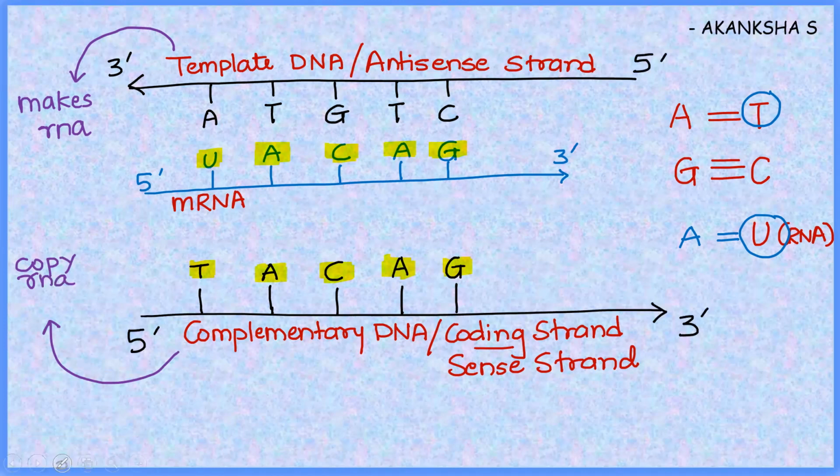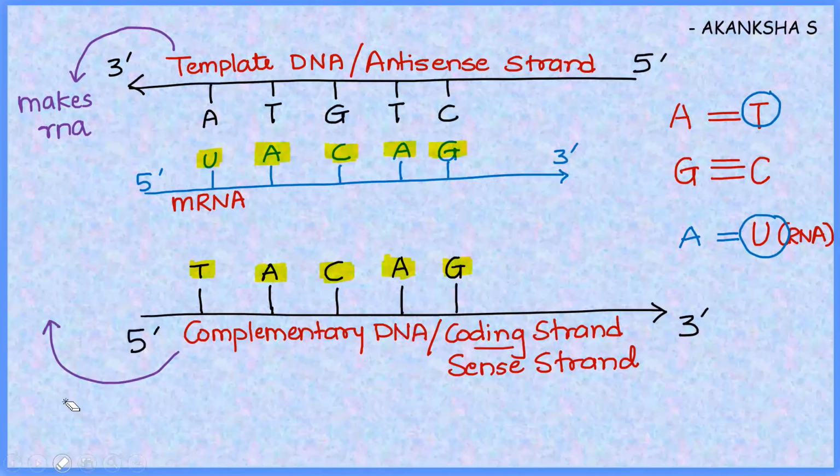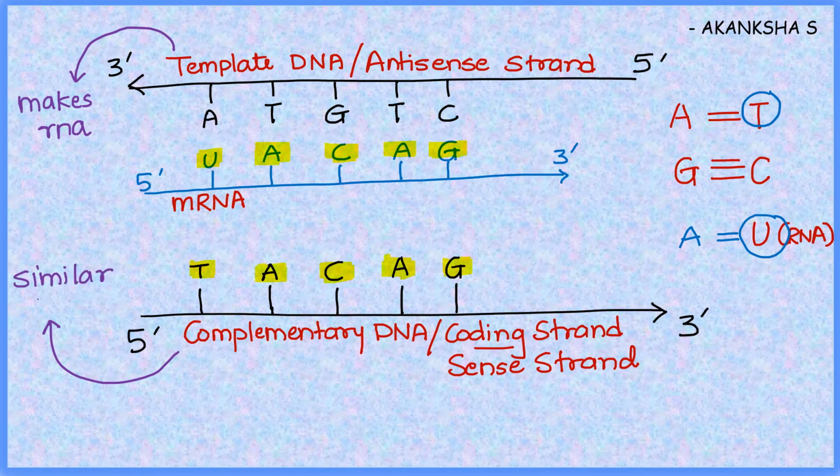You can also write it as similar to RNA. No problem. So the one which is making RNA is going to be your template strand, and the one which is similar to RNA is going to be your coding, complementary, or sense strand. These things are very important to remember and they form the base of the chapter.